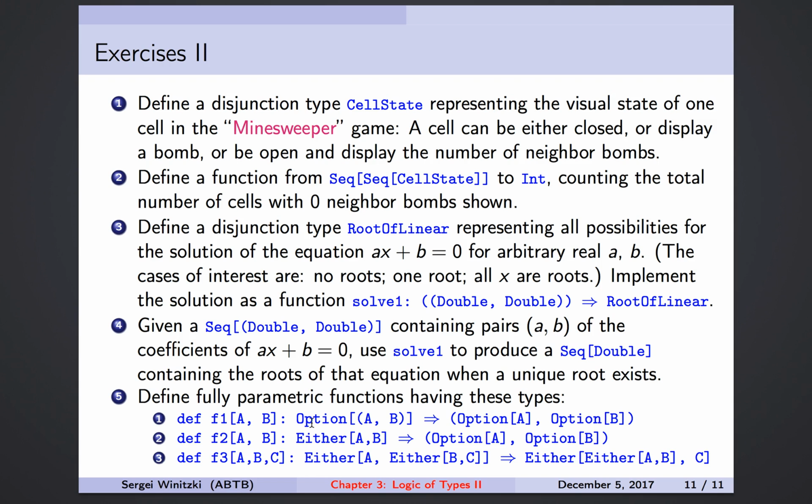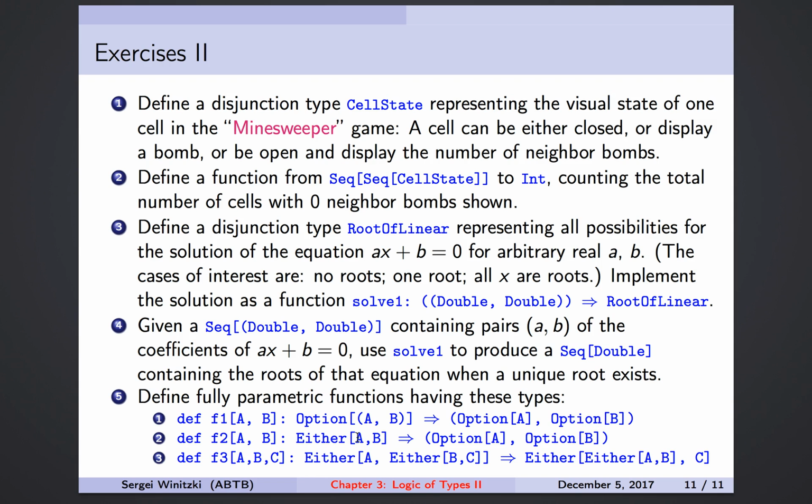So for example, an option of a pair goes into a pair of options. Well, obviously, if this option is empty, then you must return two empty options here. And if this option is not empty, then it makes sense to return two non-empty options in order to maximize information. And similarly here for either.